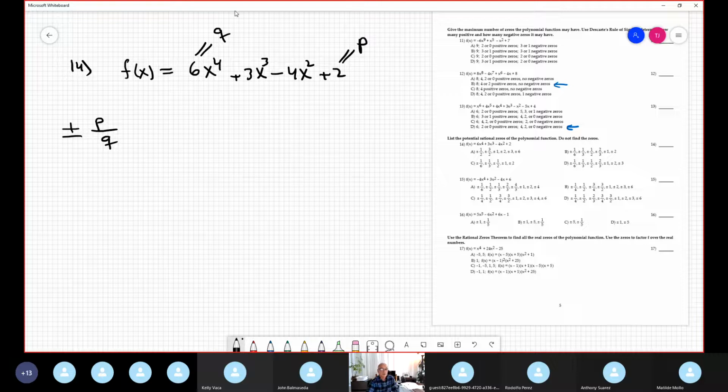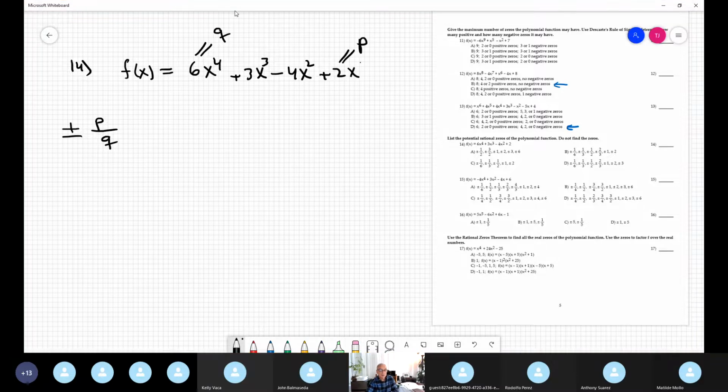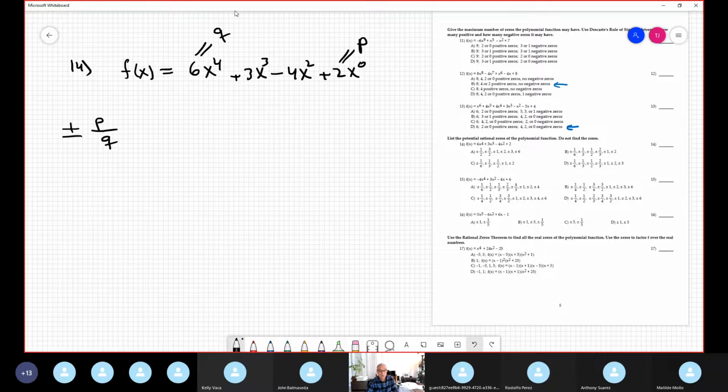So p is the coefficient en que the power is 0, x to the 0. O sea que do not depending of x. And q is the leading, que the higher power. Actually, p is 2, entonces you break it down and multiply 2, que es plus or minus 1, and plus or minus 2.